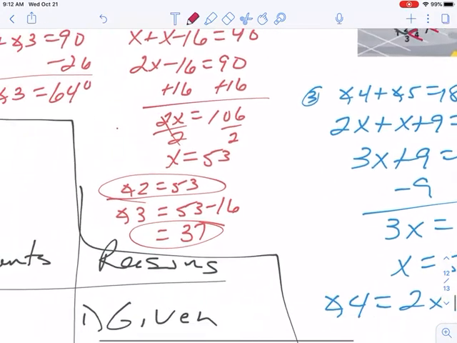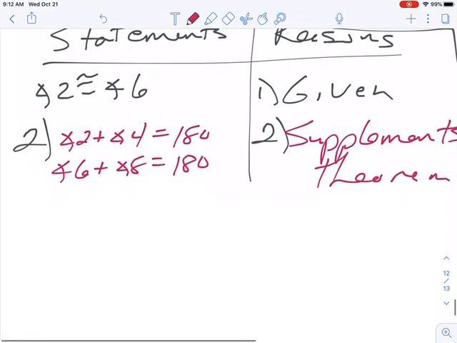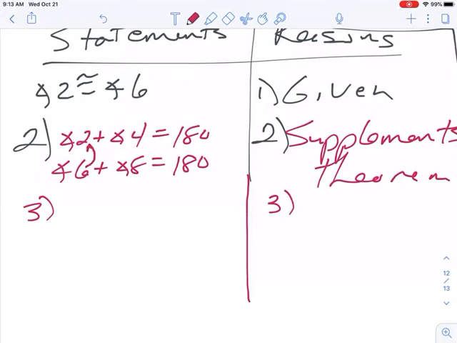All right, so we gotta get 4 and 8. Oh, goodness. What do we know? Well, we know 2 is the same as 6. If I put a 6 up here, I got angle 6 plus angle 4 equals 180.